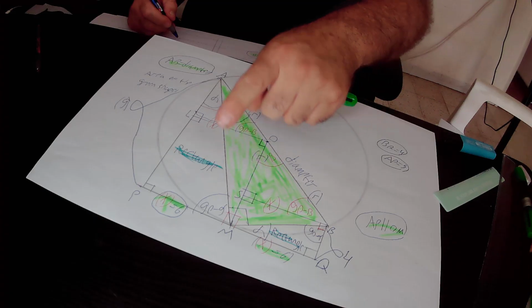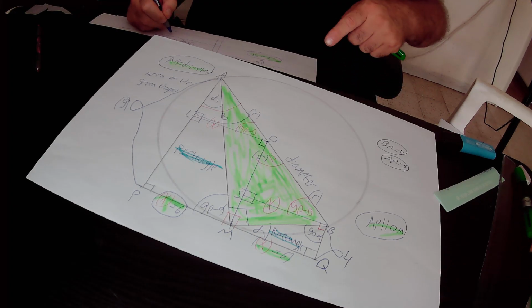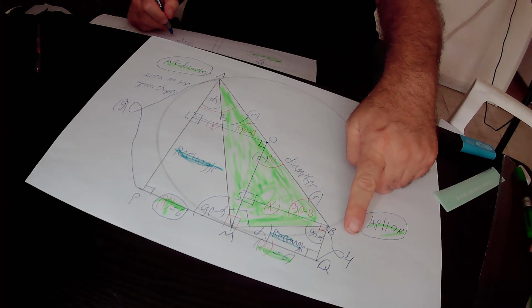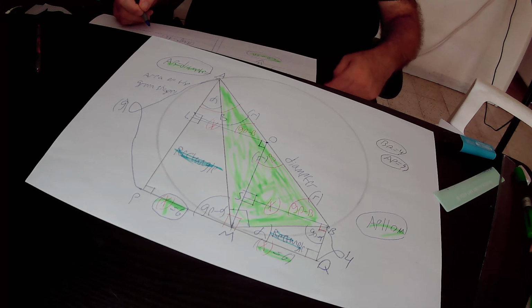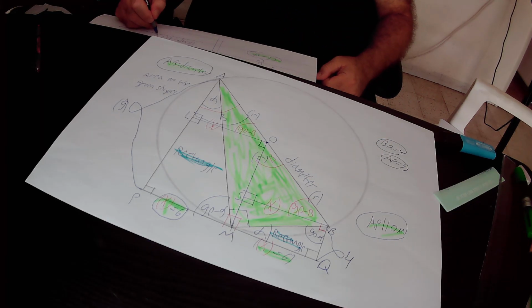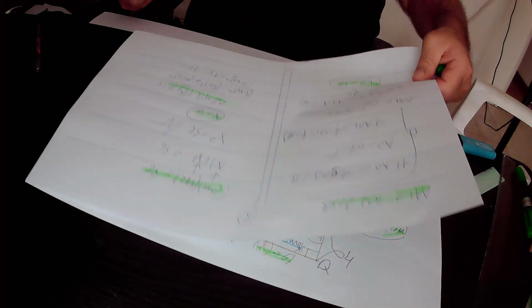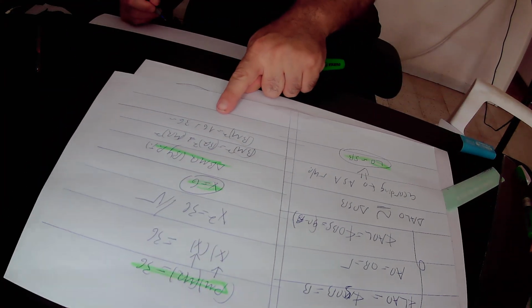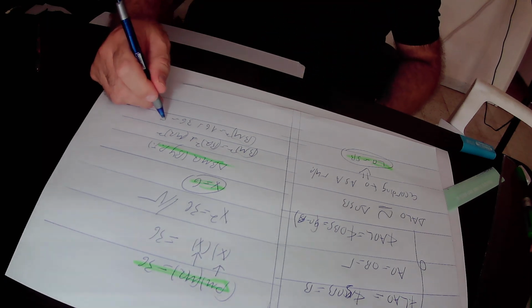BM is the missing side, so we set BM squared equals BQ squared. BQ is 4, therefore BQ squared is 4 squared, that is 16. Plus MQ squared. MQ is 6, therefore MQ squared is 6 squared, that is 36. In total, BM squared equals 16 plus 36, which is 52.